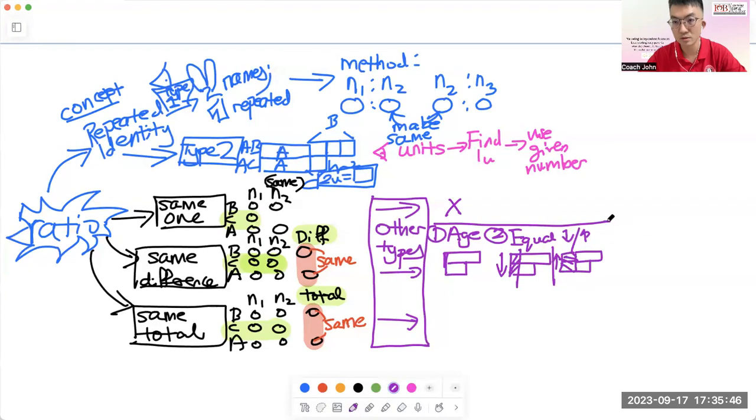for same difference, there are three types in total. One will be, like they mentioned, plus 12. Let's say 12 oranges and 12 pears were eaten, or 10 girls and 10 boys left the room.